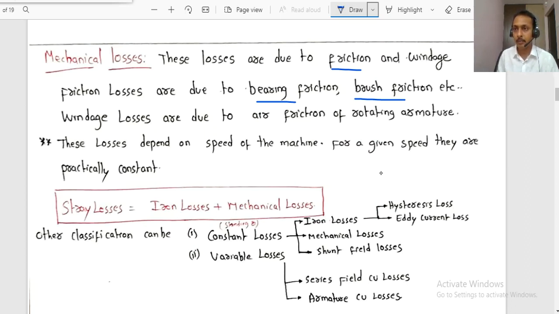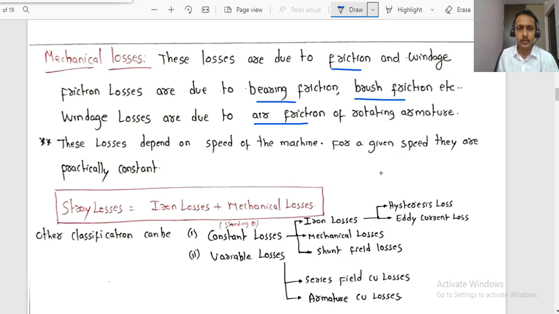And because of the air gap, some small amount of gap provided between the stator and rotor, right? And also because of this rotation, some air friction, we will have the windage losses, right?